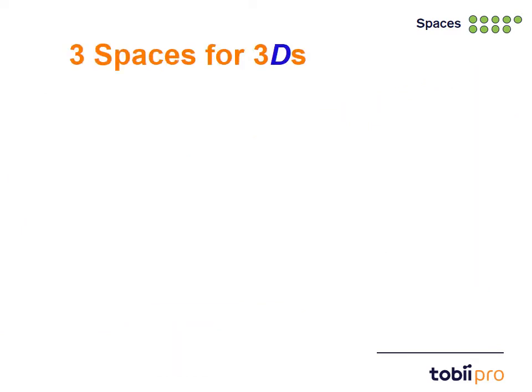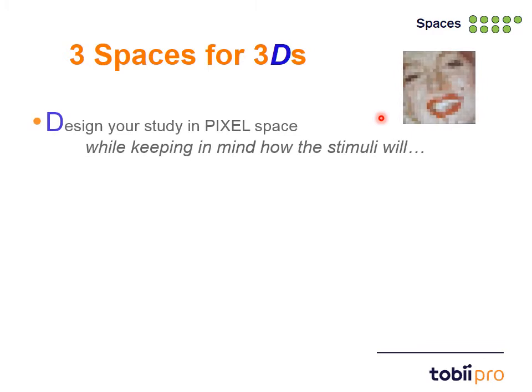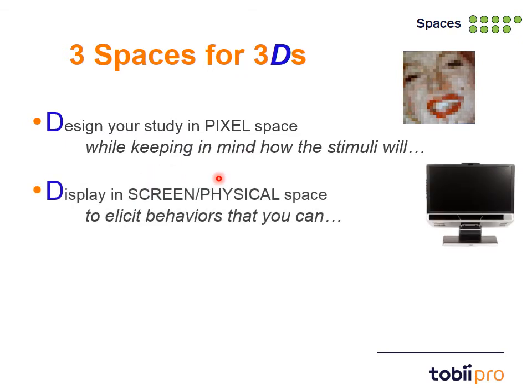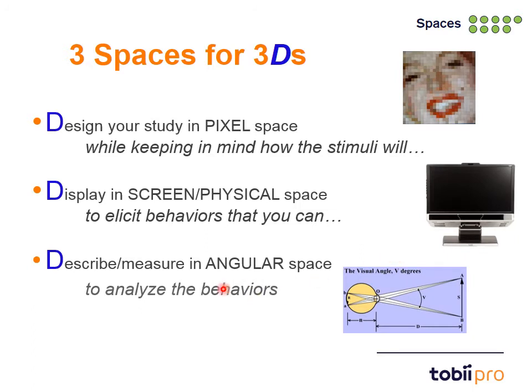So to recap, the three Ds in terms of spaces for eye tracking are: the first D, designing your study in pixel space, while keeping in mind how the stimuli will display in the screen or physical space to elicit behaviors that you can describe or measure in angular space to allow you to analyze the behaviors for whatever construct you're looking to investigate.